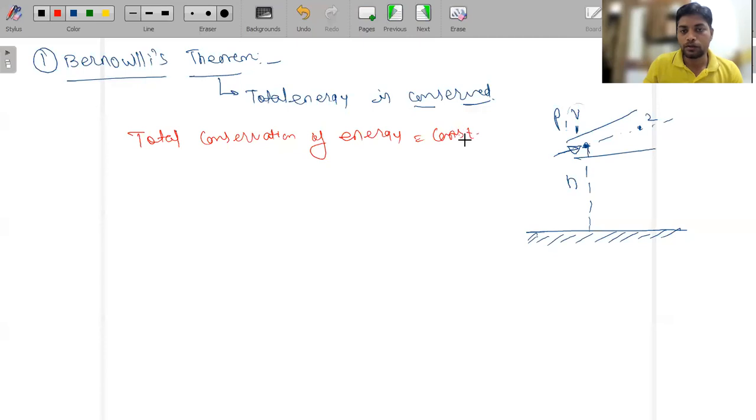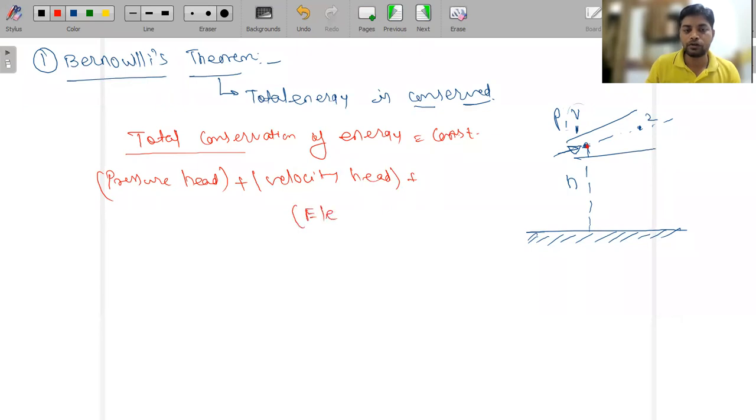Now, at this point 1 where the pressure is P, velocity is V, and the height is h, the total conservation of energy is the summation of the pressure energy, or simply in terms of head, the pressure head plus velocity head plus elevation, or potential head, and that equals a constant.